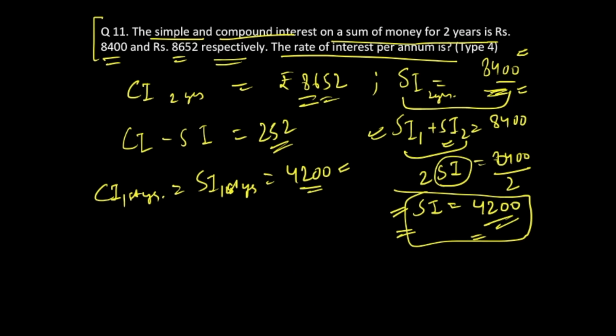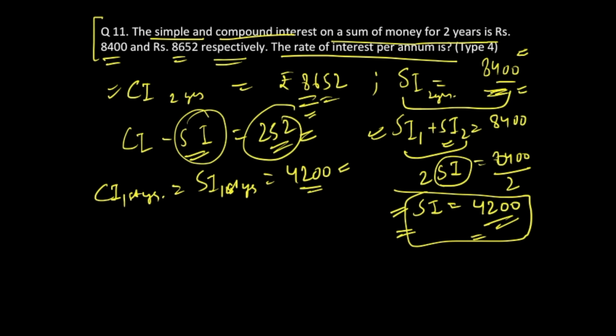So with that logic in mind, you also know that this 252 was the extra additional interest over that of simple interest. So this is the additional income which is happening for the compound interest process, and had the simple interest been the case, this SI would have remained, right?